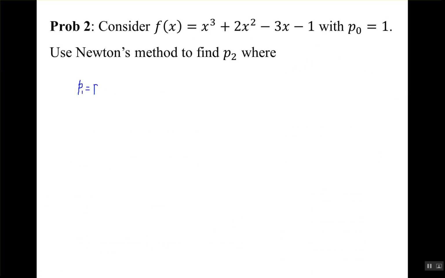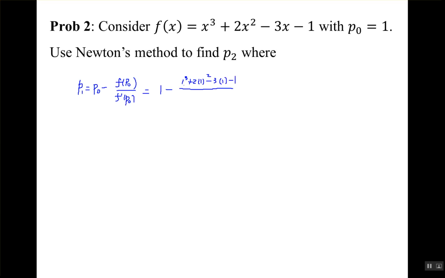P1 is equal to P0 minus f of P0 divided by f prime of P0. And my P0 is 1, so I just plug 1 in here. My f of P0 is going to be 1 cubed plus 2 times 1 square minus 3 times 1 minus 1.